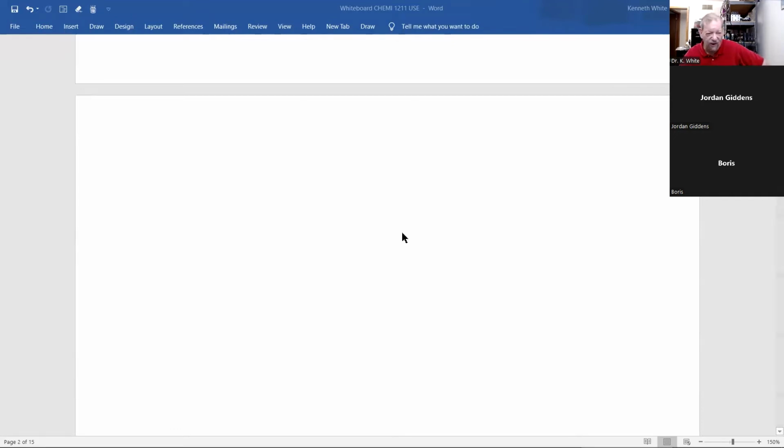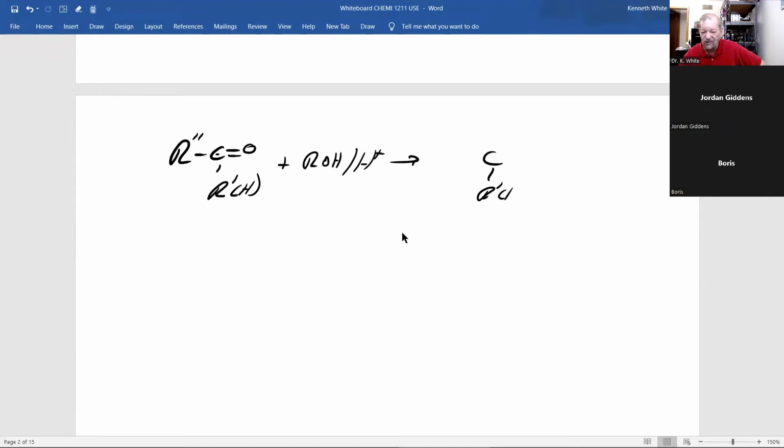That reaction was if you took an aldehyde or ketone plus an alcohol in the presence of acid, keep your eye on the carbonyl carbon, what's attached to it stays attached. And then you get a hydroxyl group on this carbon, then oxygen and R from the alcohol.